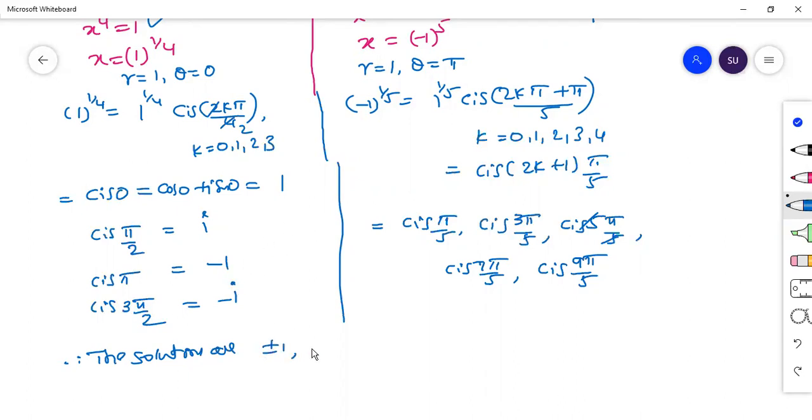Plus or minus 1, plus or minus i, along with these cis π/5, cis 3π/5, and so on, up to cis 9π/5. So these are the solutions, a total of 9 solutions.